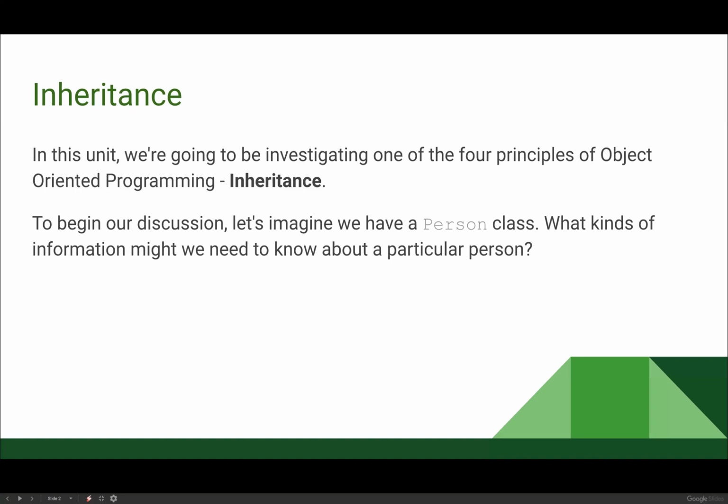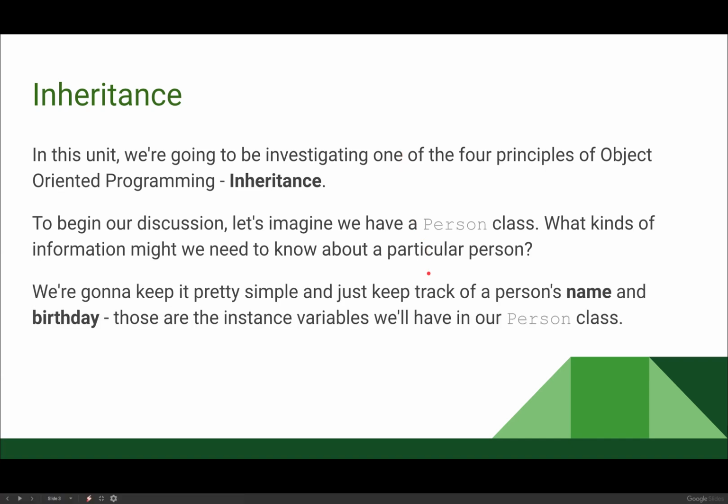To begin our discussion, let's imagine we have a person class. What kind of information might we need to know about any particular person? Their name, absolutely. Gender. Age. Those seem like very good data points.